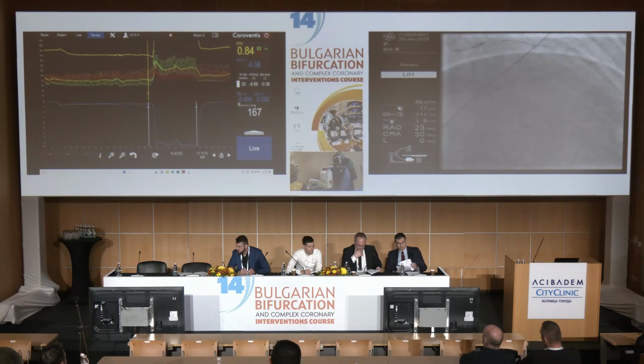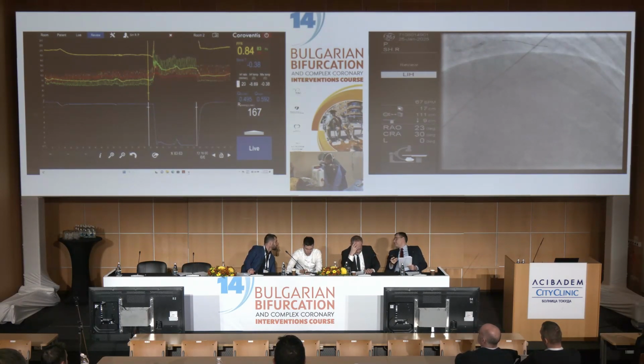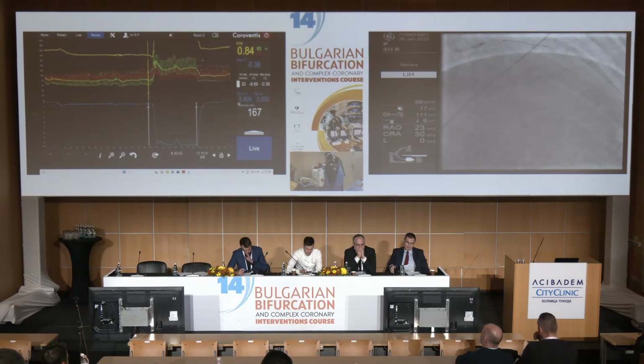So a massive decrease, which is simply the translation of the vasodilation of the microvasculature. Then, if we go a little bit further, you see that we went from a gradient of, at rest, what did we have? Pd/Pa of 0.94 to a Pd/Pa of 0.84, which is FFR, by the way. So there has been an increase in the pressure gradient, which is the proof that we are hyperemic.